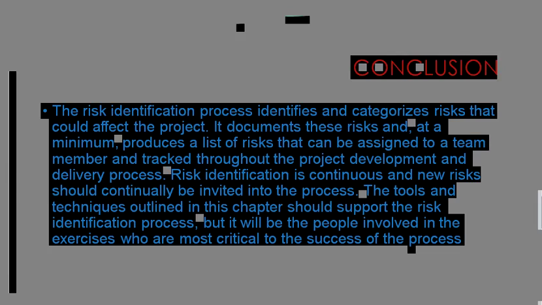As you know, guys, risk identification is continuous and new risks should continually be invited into the process. The tools and techniques outlined in this chapter should support the risk identification process, but it will be the people involved in the exercises who are most critical to the success of the process.